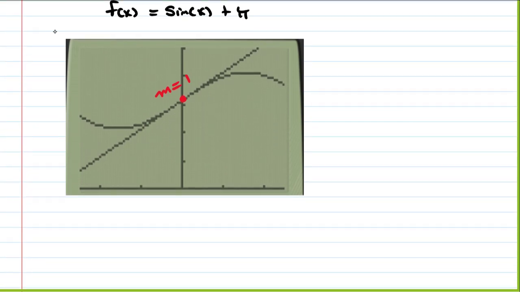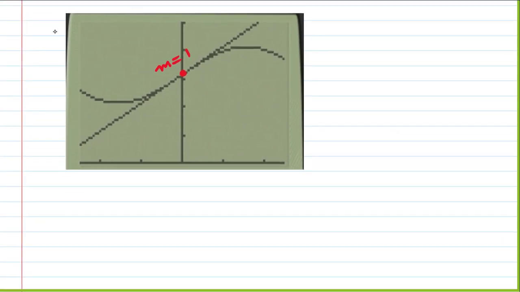So a couple of things we need to mention. The average rate of change is the slope of the secant line.